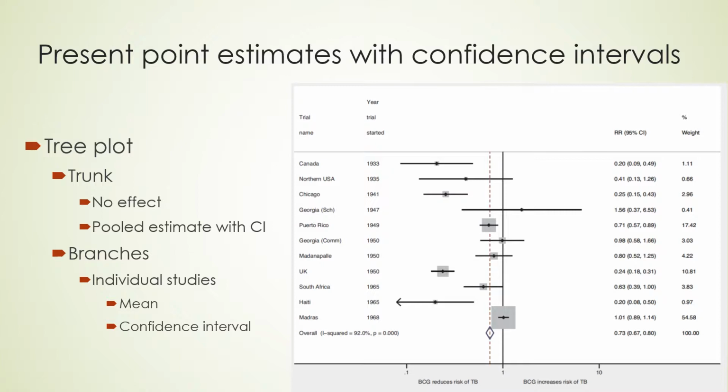In the tree plot, the trunk is the vertical solid line here that indicates no effect, okay? Running from the top to the bottom. And then the horizontal lines are the results of each individual study.